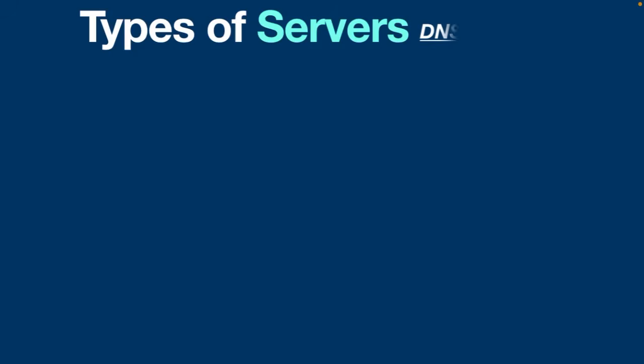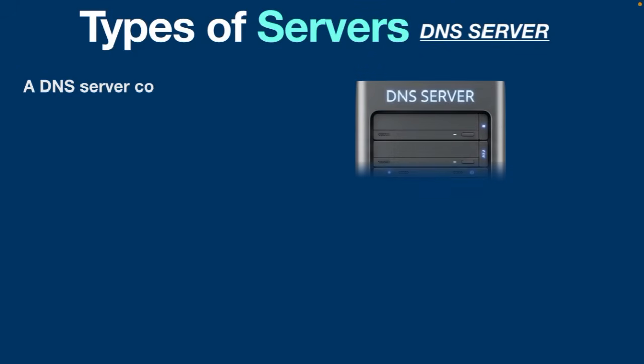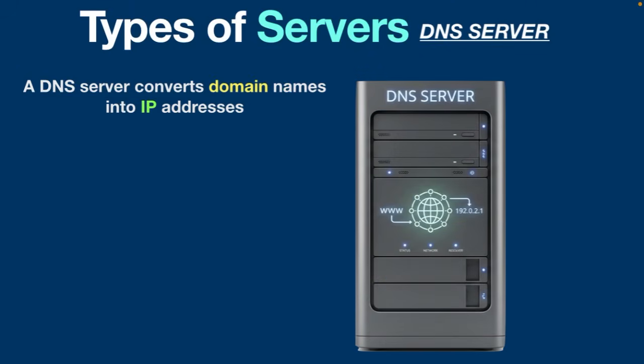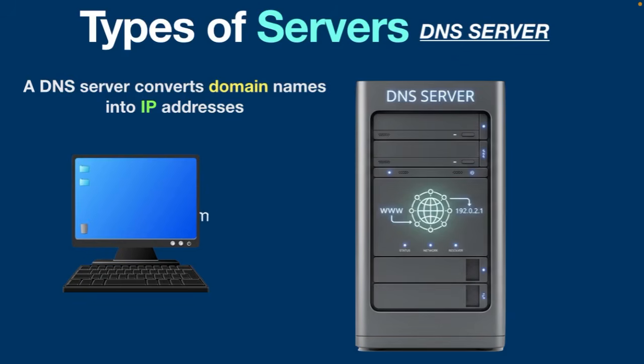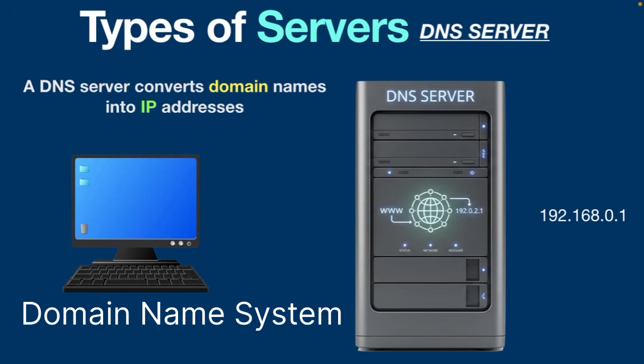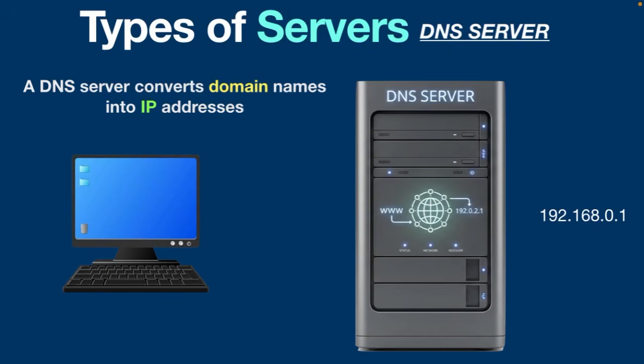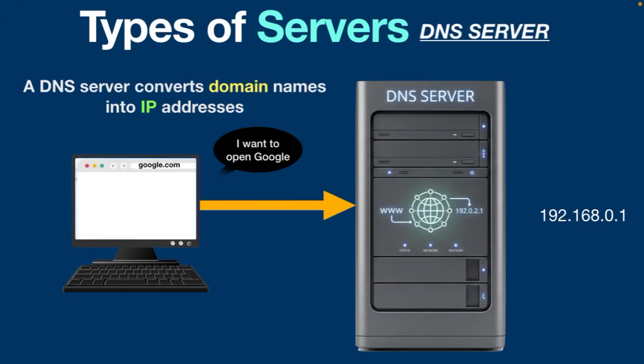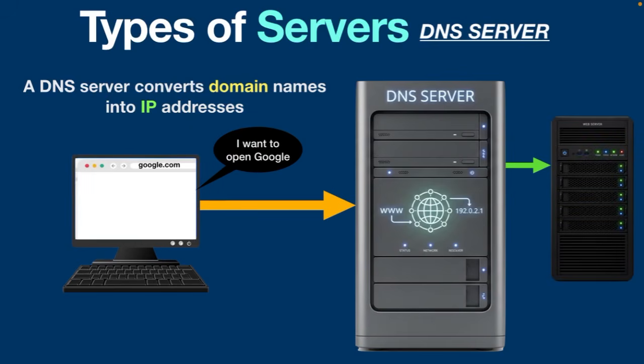Number 8. DNS server. A DNS server converts domain names into IP addresses, such as turning google.com into a numerical IP address. A DNS server uses the Domain Name System to translate human-friendly website names into IP addresses that computers use to find each other on the internet. For example, when you type a web address in the browser, your device asks a DNS server to look up the correct IP address, then connects you to the right server.